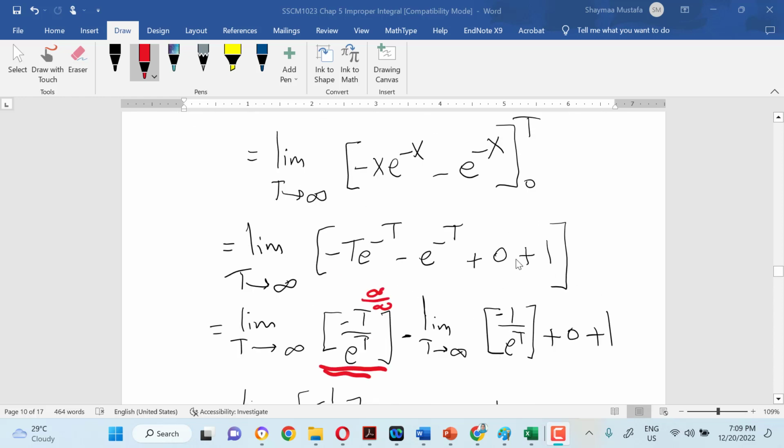The 0 and 1 are constants. Now for the limit, I will distribute it over the terms.